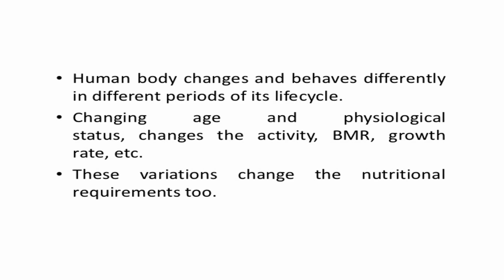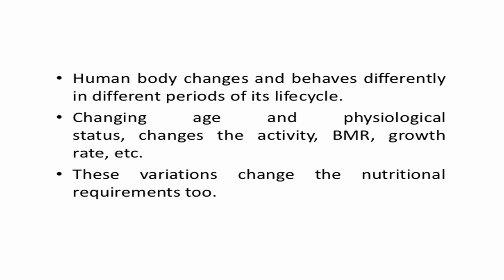If you're thinking about the human body, we know that changes are happening in the body day by day. Our age is increasing, and if you are thinking about a child, growth is happening. Even in the same age group, some will have more physical activity, some less, some will have a higher metabolic rate, and some will not.